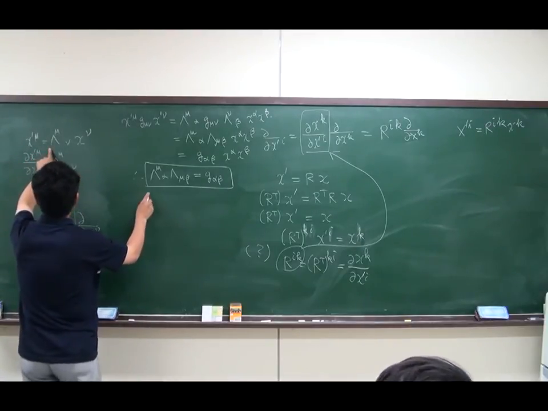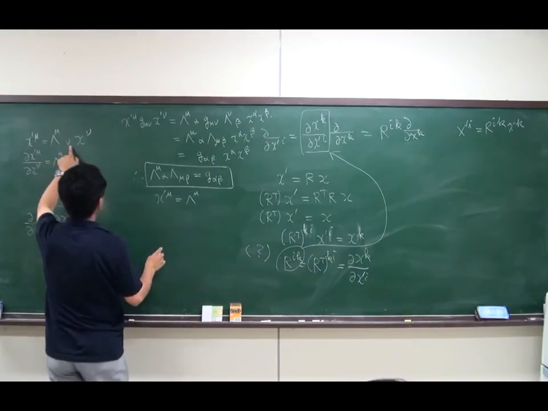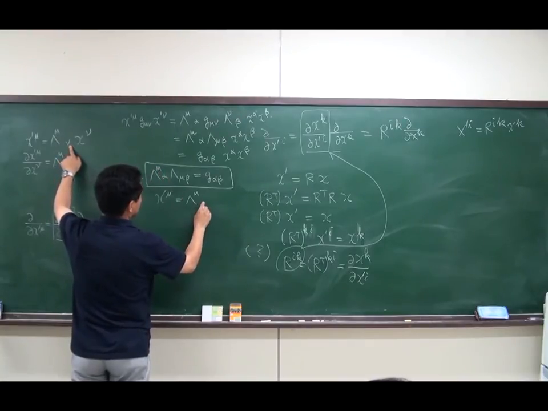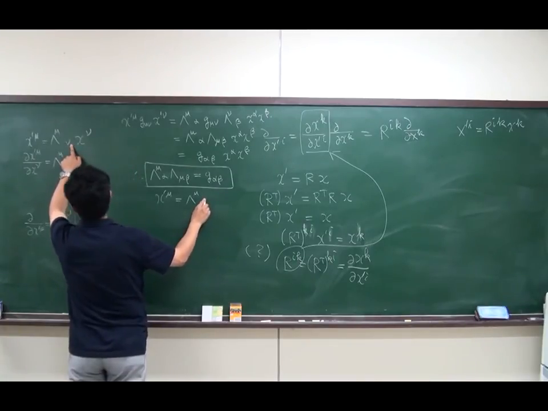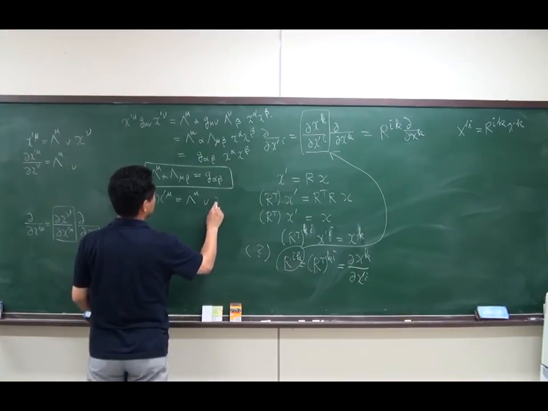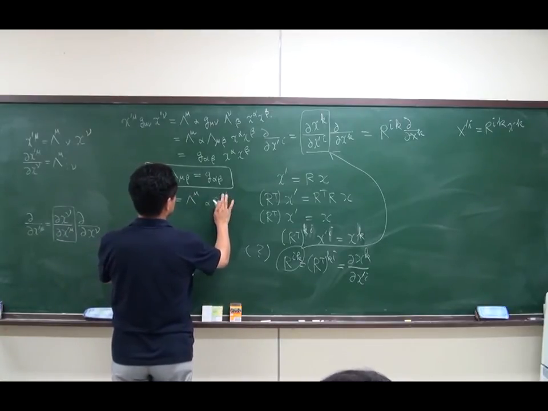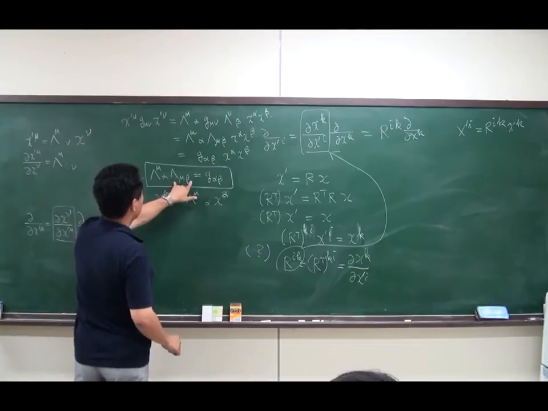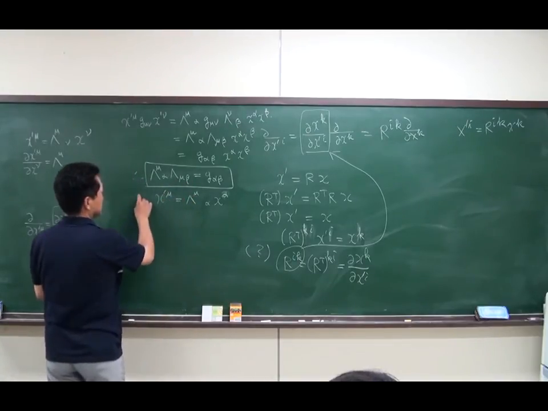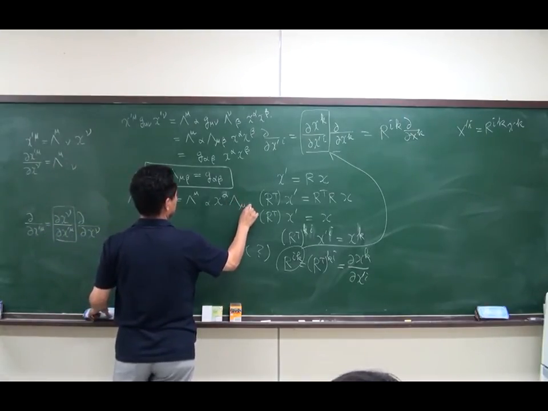If you don't remember, it's better to write it immediately. Here, similar shape. Let me use alpha. x prime mu equals lambda mu nu x nu. So let me use this one, alpha alpha, and multiply this guy on both sides by lambda mu beta, and I have this and this.